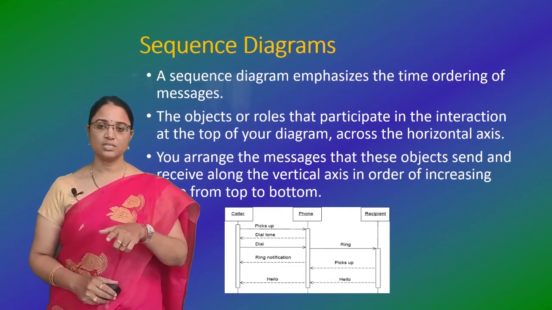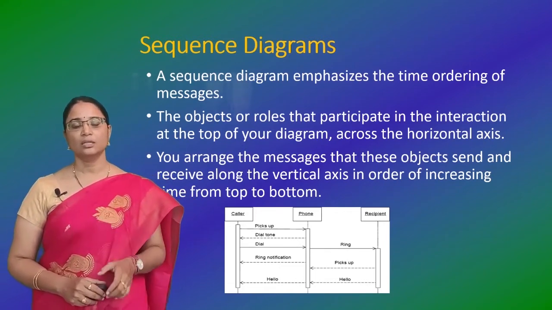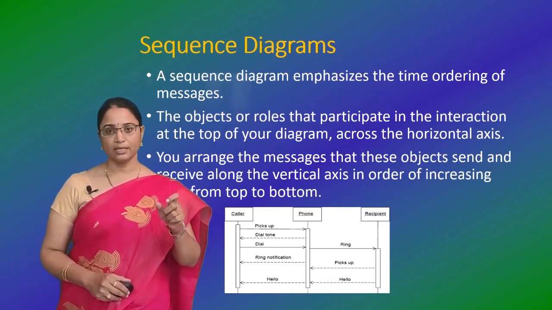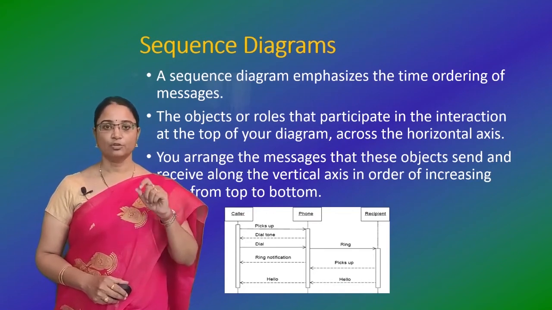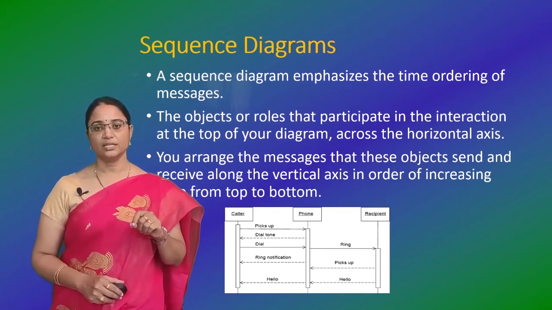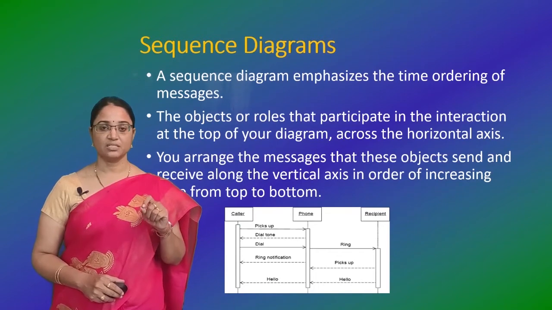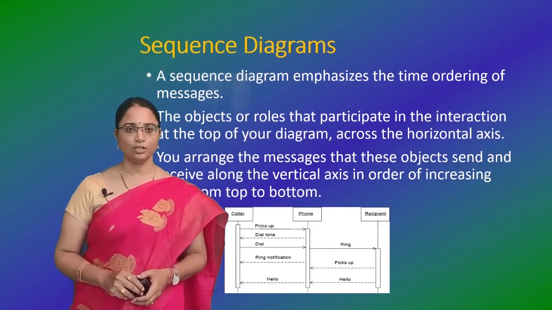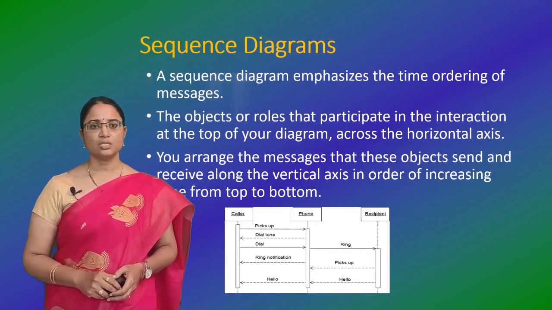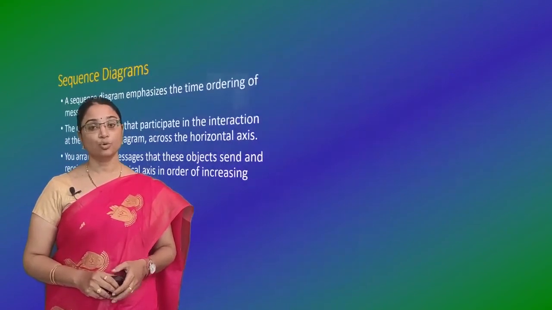When the ring sound is sent to the recipient, only then the thin rectangle, that is the activation, is active on the lifeline. That is nothing but the activation period of the object. So this gives the reader a clear visual cue to the flow of control over time.